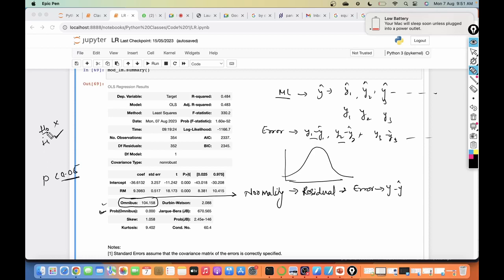The null hypothesis is that it is not normally distributed, and the alternate is that it is normally distributed. Now we are getting 0.00, which means we are rejecting the null hypothesis and saying it is normally distributed.